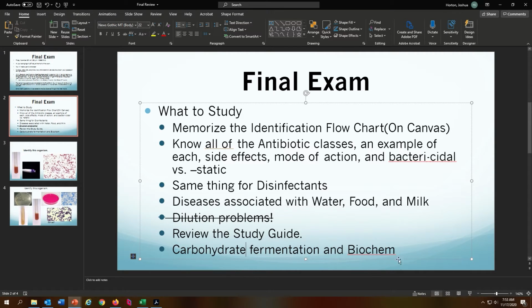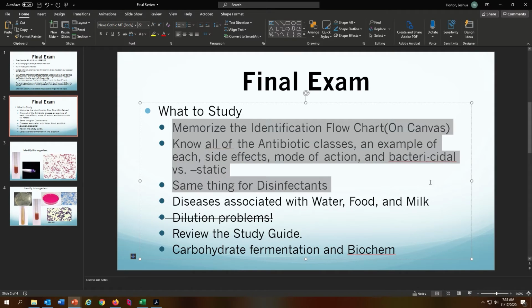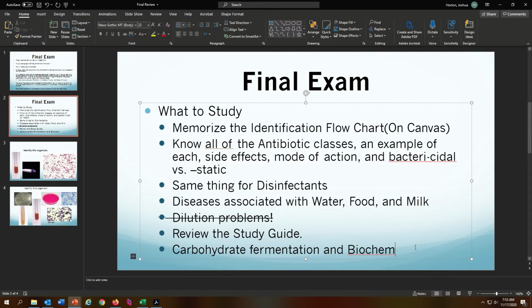There's not going to be a ton of questions, but they're things you should already know so that you can do your identification. This is probably the most important part, so I'd start here, and then move on to the other things. Since identification ties in with carbohydrate fermentation and biochem, that's two birds with one stone if you're memorizing the tests and what they entail. That's how I'd study for the final exam.